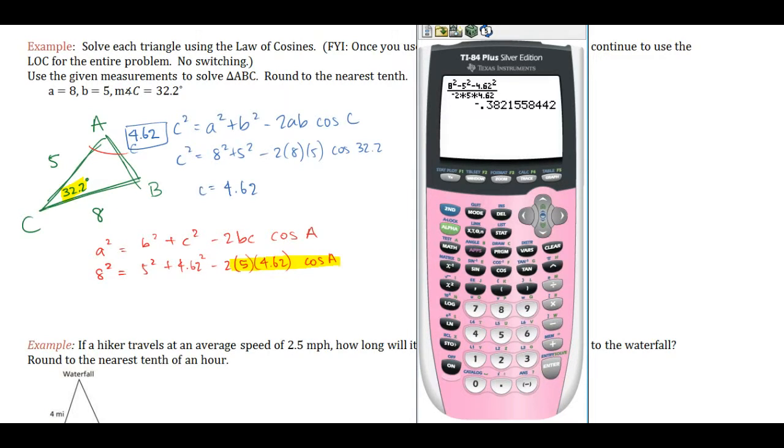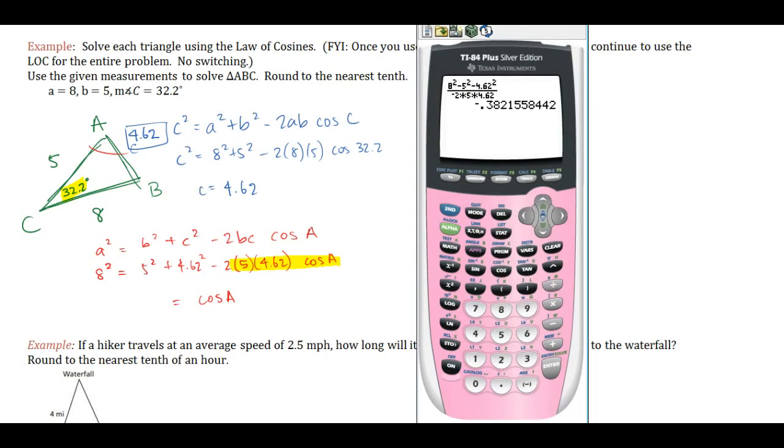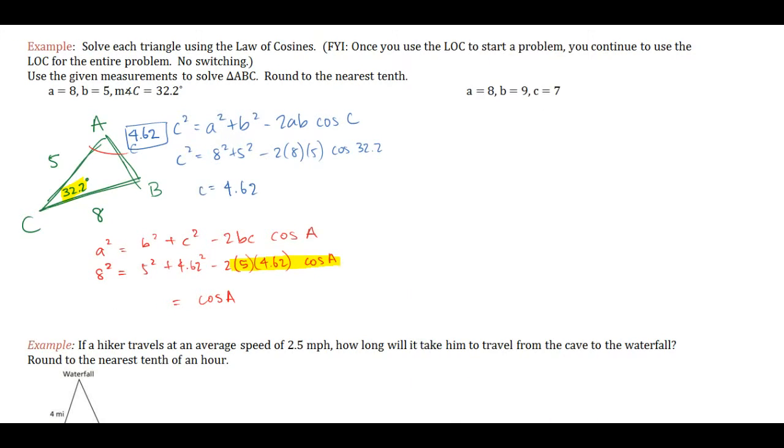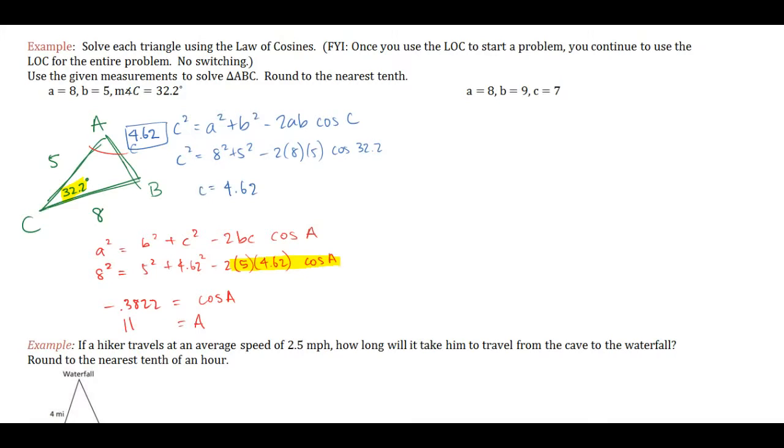And then that's what cosine of A is equal to. So if you're following along, you'd have cosine of angle A is equal to whatever gross I had, negative 0.3822. And now I will arc cosine that, and we will get whatever the heck angle A is. So second cosine, because again, I'm solving for the angle, and it says it's 112.467 degrees.